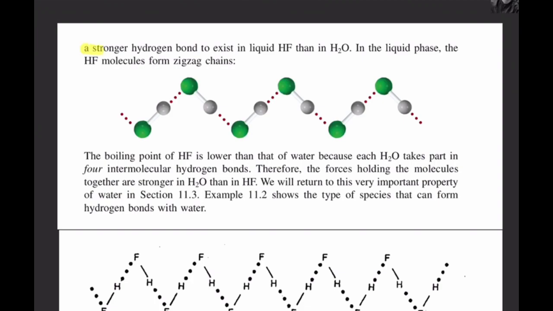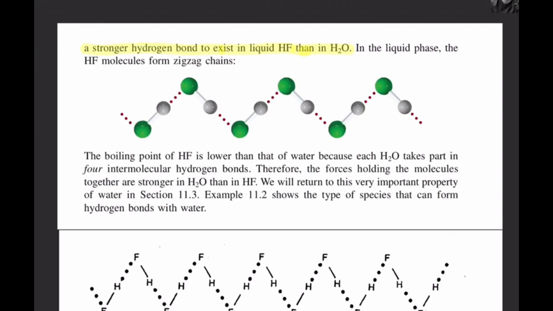So a stronger hydrogen bond exists in liquid HF than in water. They are discussing that hydrogen fluoride can form a stronger hydrogen bond because the electronegativity of fluorine is greater than that of oxygen, and because of that the hydrogen bond is strong.